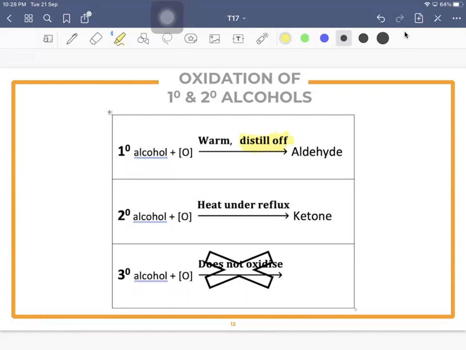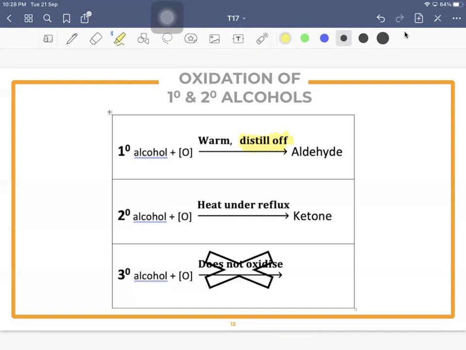There is no further oxidation. Whereas tertiary alcohols cannot be oxidized at all. Regardless of which oxidizing agent you are going to use, they will not be oxidized further. So they just stay as tertiary alcohol.